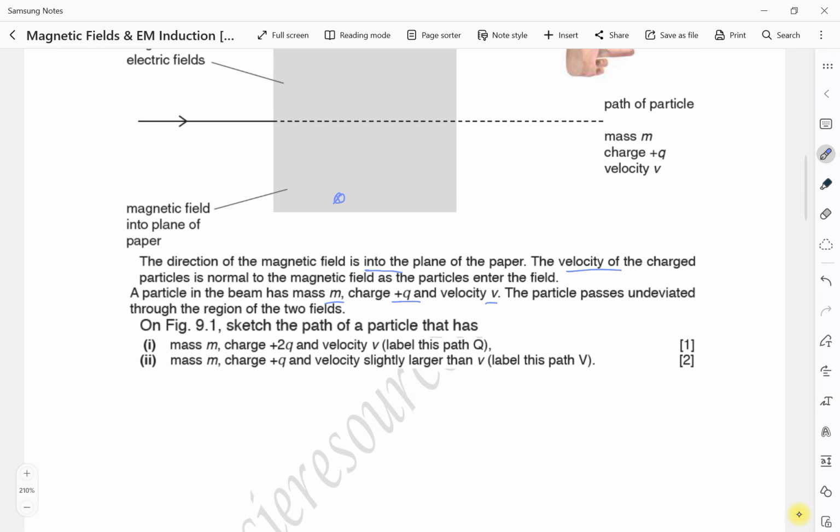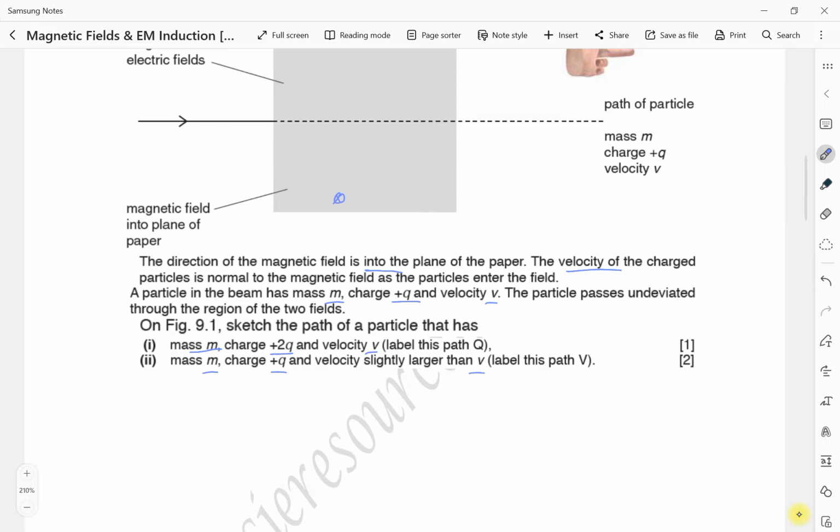Of course, when the particle passes undeviated, it's only because the electric force is equal to the magnetic force. On the figure, sketch the path of the particle that has mass m, charge positive 2q, velocity v. Label this Q. And the second particle, mass m, charge q, velocity slightly larger than v, label this capital V.